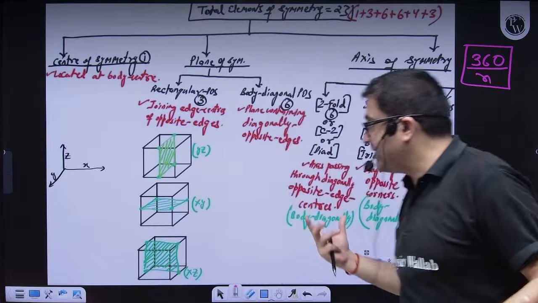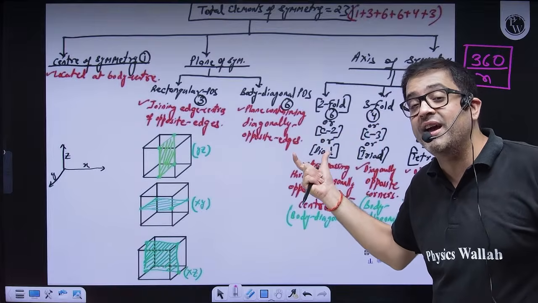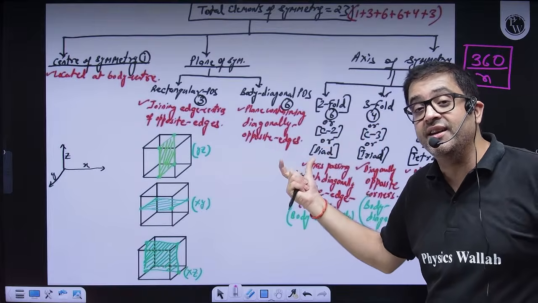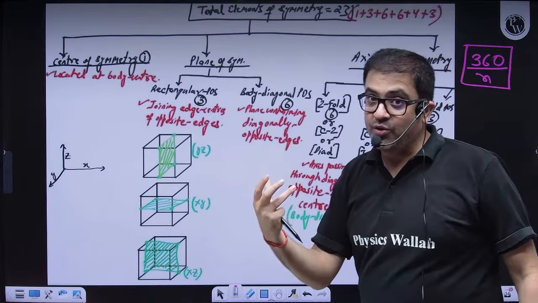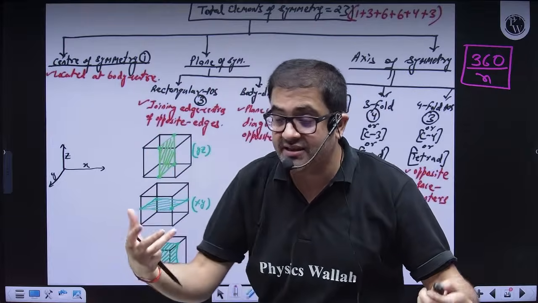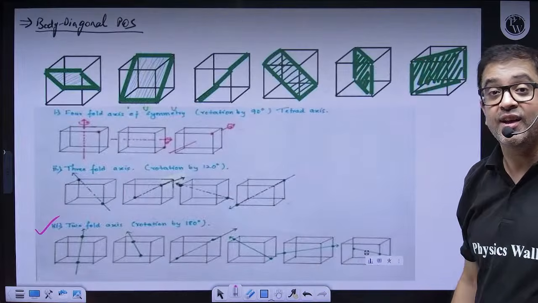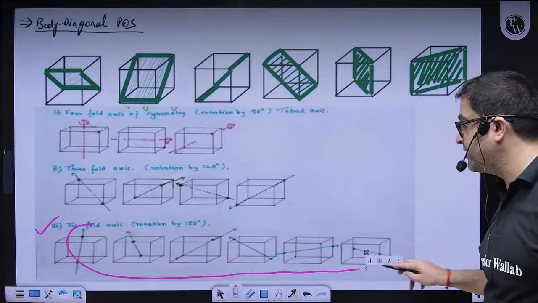Else the basic thing that I'm giving you is you can have n-fold axis of symmetry, and the value of n is decided by the angle with which you want to rotate. So if along an axis I can rotate by 180 degree and get the same image, that becomes my C2 or two-fold axis of symmetry. How many two-fold axes of symmetry does this cube have?